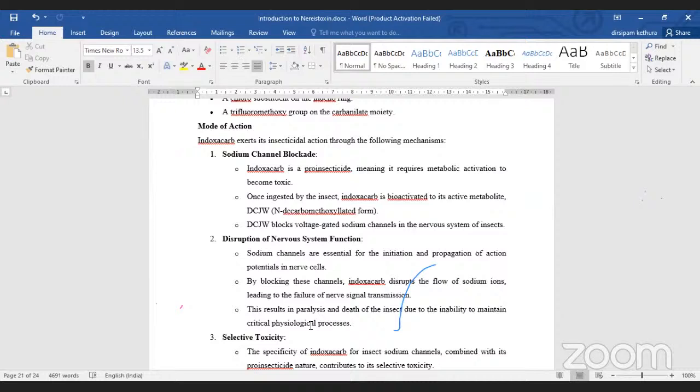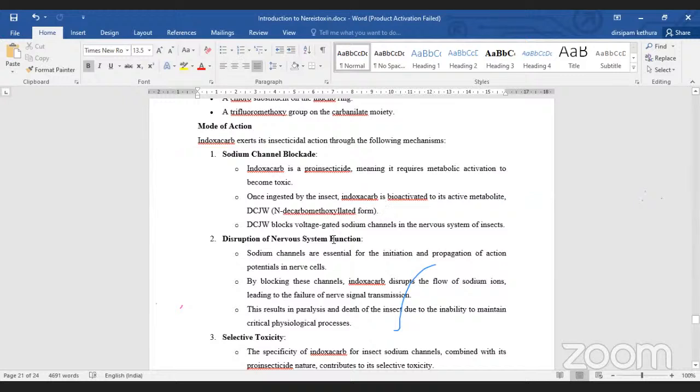The first one is sodium channel blockade, where it is a pro-insecticide. That means it requires metabolic activation to become toxic. Once ingested by the insect, indoxacarb is bioactivated to its active metabolite, DCJW.